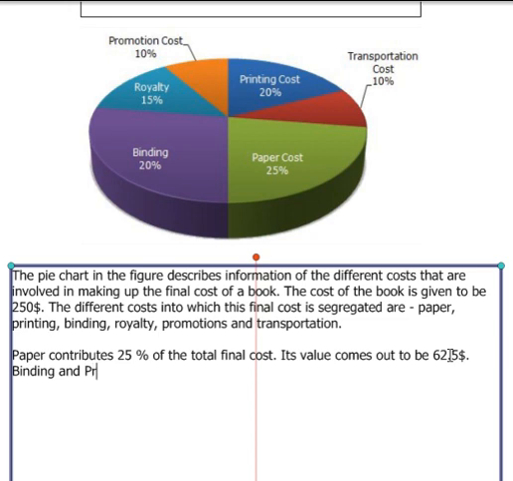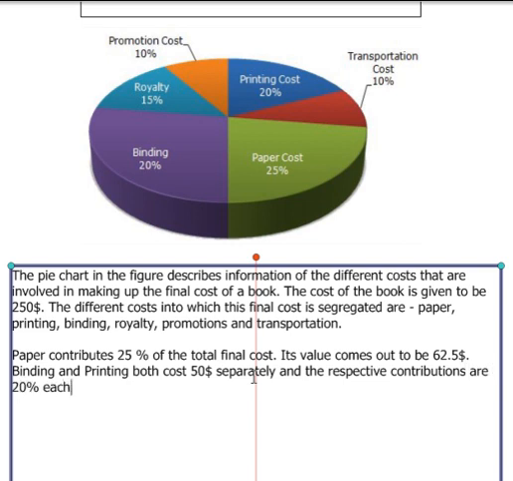Binding and printing both cost now 20%. That means 20% would be around $50 separately, and the respective contributions are 20% each.